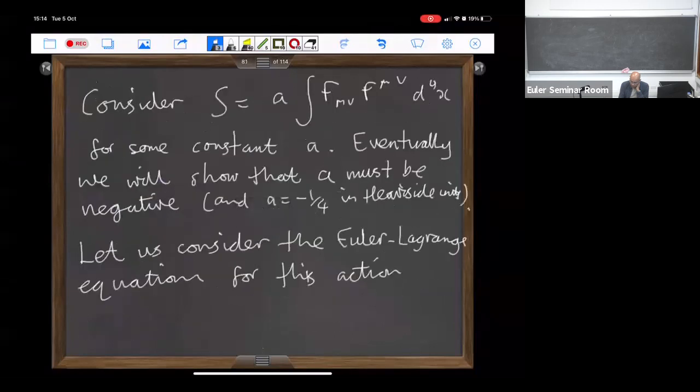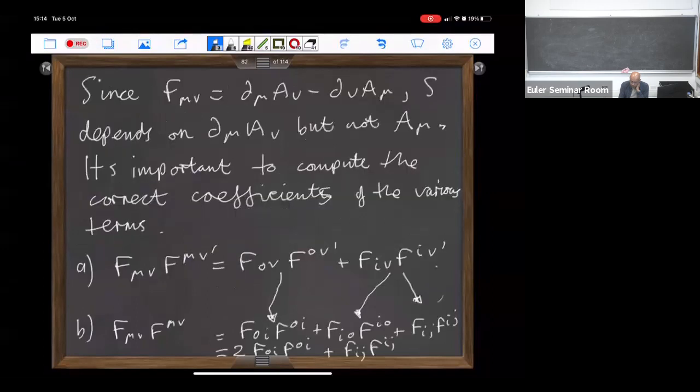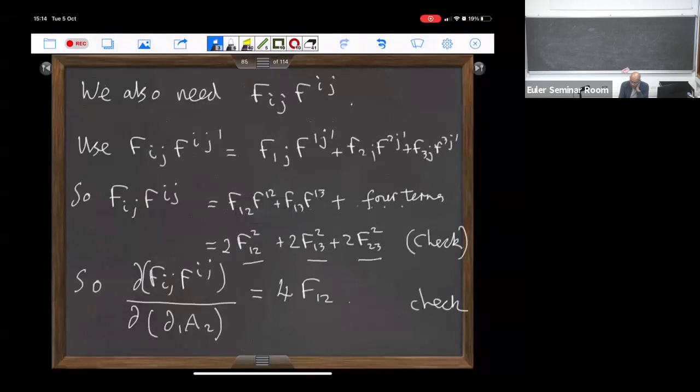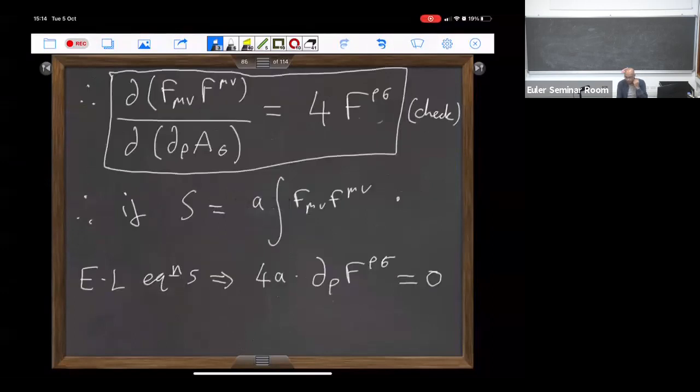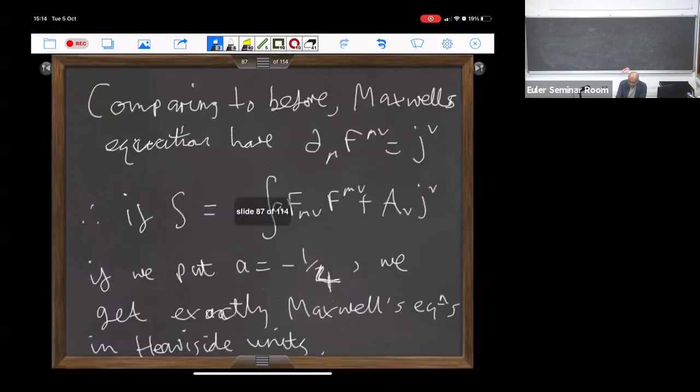Now, in the absence of a current, or in the absence of any source, J^μ would be 0, and this action, F_{μν} squared, would give you half of the vacuum Maxwell's equations. But in the presence of a current, we need to modify this F_{μν} squared in order to include sources and interactions.